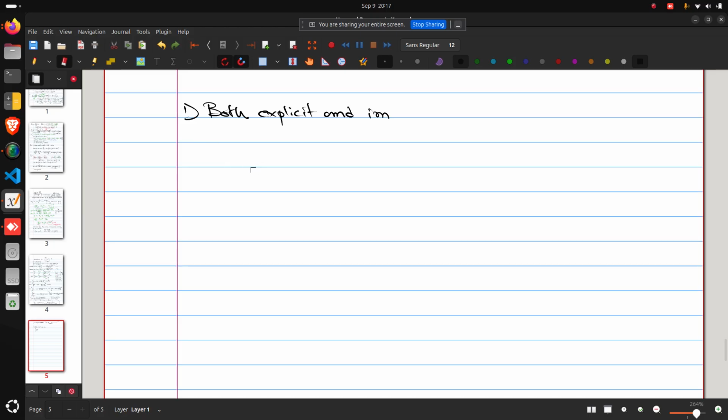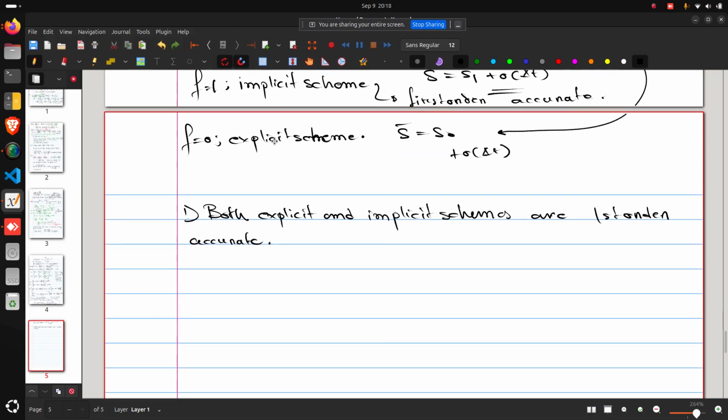Right, absolutely. So both the explicit and implicit schemes are first order accurate, right? So what does this mean? It means that, because we discretize our domain in both space as well as time, right?